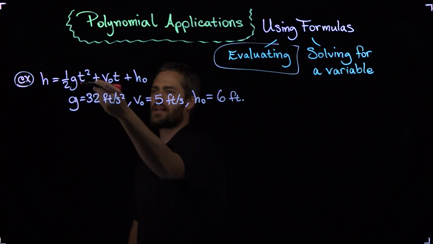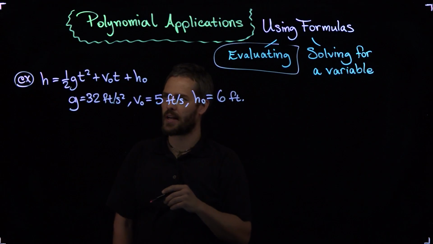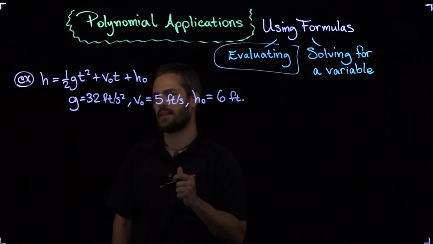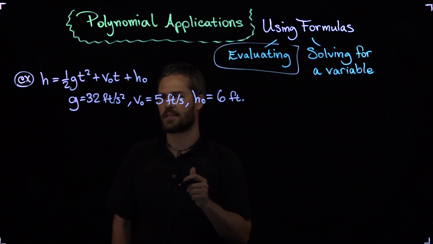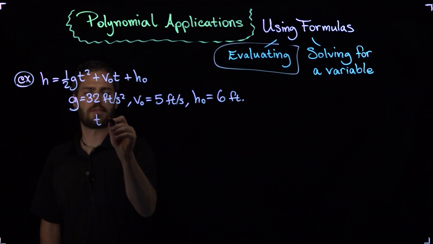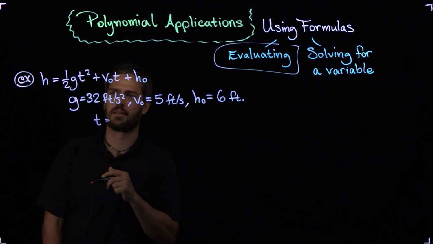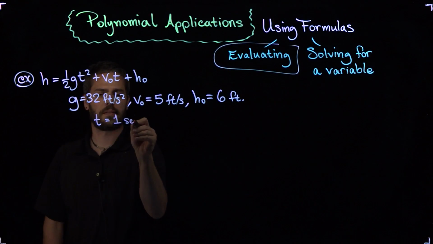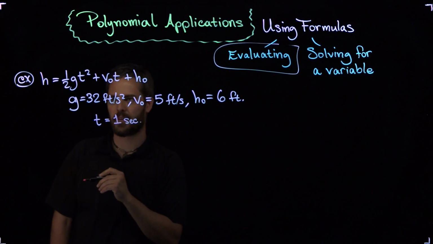Well, I could plug all that information into the formula, but I couldn't quite compute it unless I was also given a time. So let's just do time equals 1 second to keep it simple.